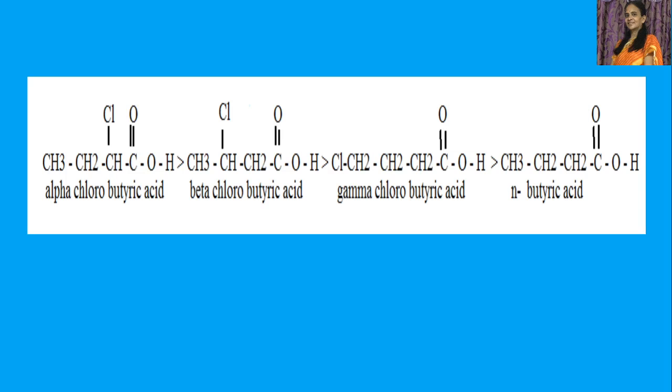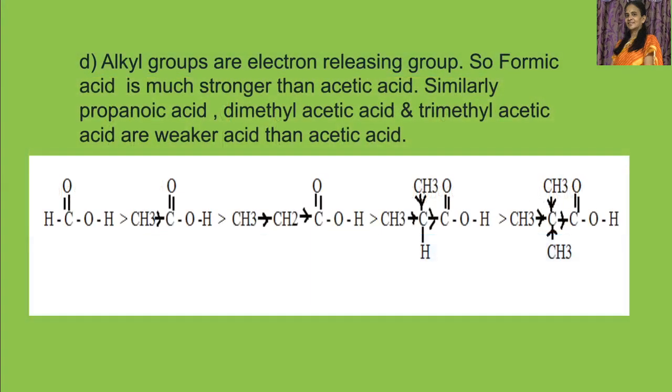Okay, this is regarding another point on the acidity of carboxylic acids. Fourth point. Alkyl groups are electron releasing groups. Just now we have studied, these are the groups which exhibit plus I effect. So now let us consider these examples.